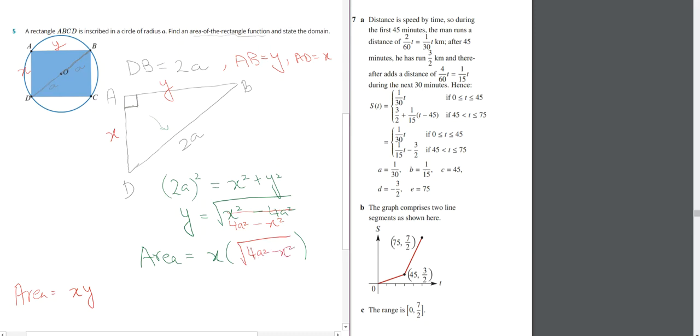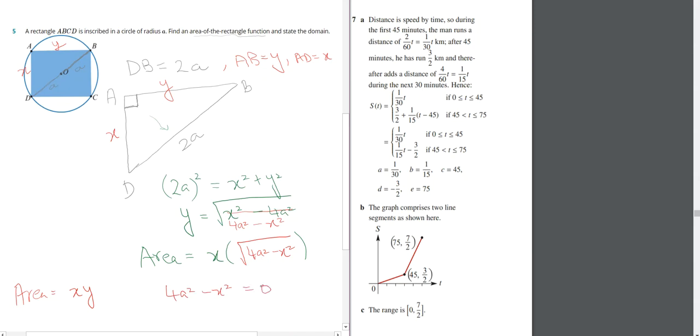Okay. Now think of values of x that will make this function inside the root to be a 0. One quick way of doing that is take whatever's inside the root and make it equal to 0 and find out what that is. Remember a is a constant, it is not a variable, so we're talking in terms of x over here. So if I have 4a squared minus x squared equals 0, how can I solve this?